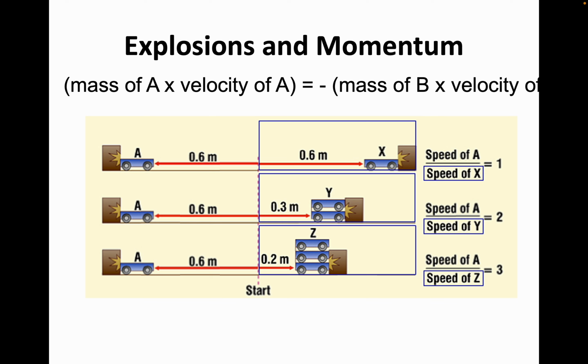So it's not clear from this what's happening, but I think what's happening here is the two vehicles, this one and this one, I think it's meant to be A and B as it's written up here, but it's actually A and X. If they both start off here and one goes to the left, that will be in one direction, one goes off to the right, it will be in the other direction, and because they're vector quantities, the velocity will be this way and the velocity will be that way.